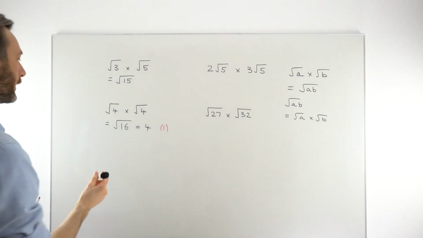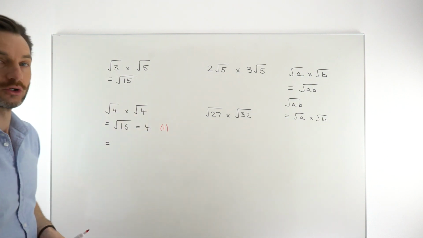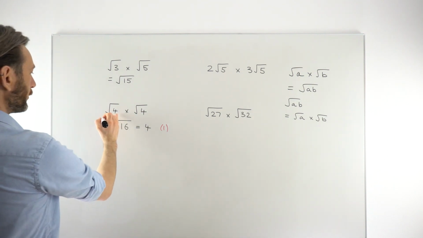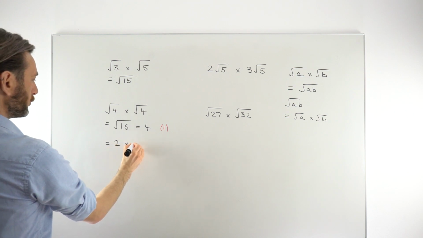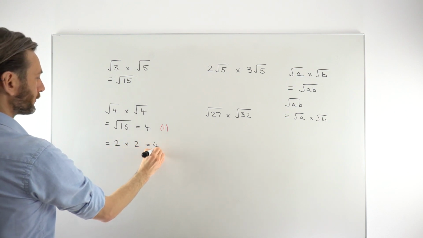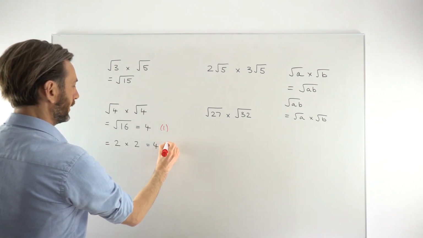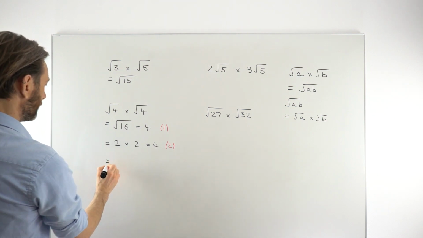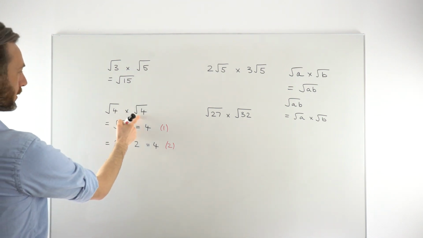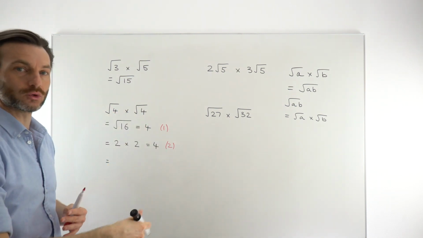Version 2 would be where we simply take the square roots of these numbers, because they do have square roots. Square root of 4 is 2, so we could simplify that to just 2 times 2, which also gives us 4. Doesn't matter which method you use, you should get the same answer either way. And a third way you could do this one, just to show you the variety in these questions: root 4 times root 4, well, that and that are the same, so effectively we're squaring root 4.